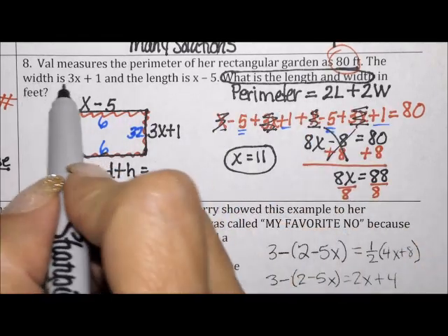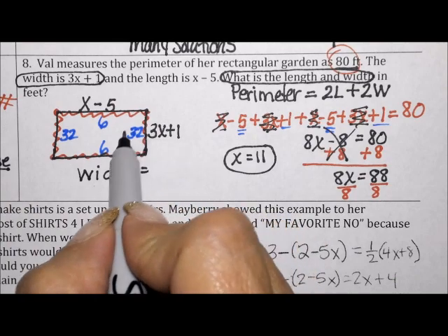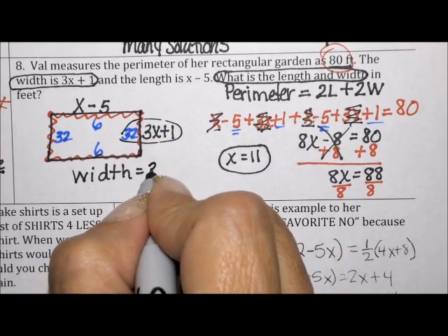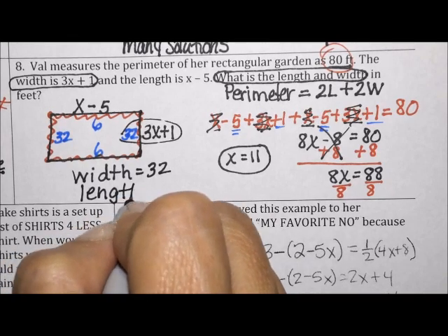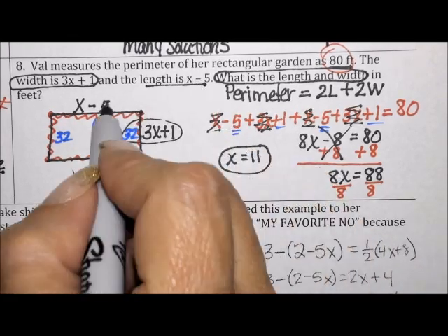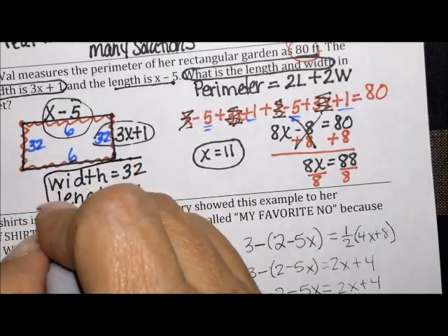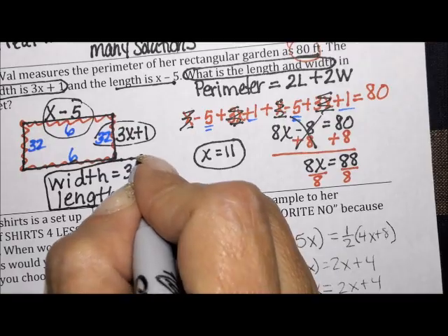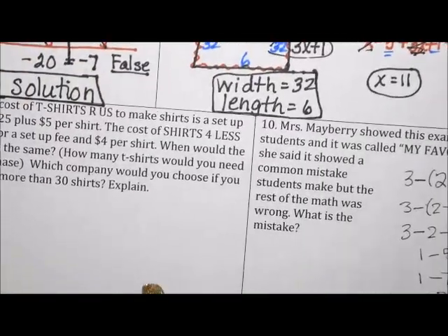Let's see, the width is 3x plus 1. So here's my width. So the width is 34. I would count off if you had these labeled backwards. And the length is x minus 5, which is this right here. So it's 6. Here's my answer. Okay.